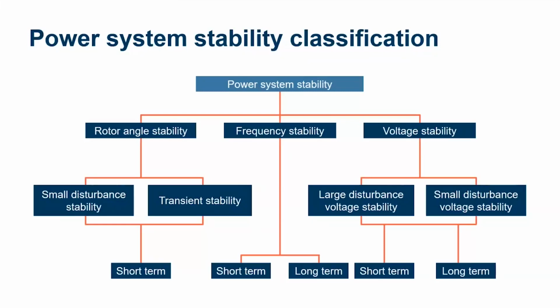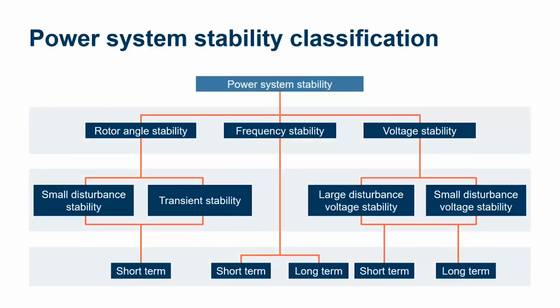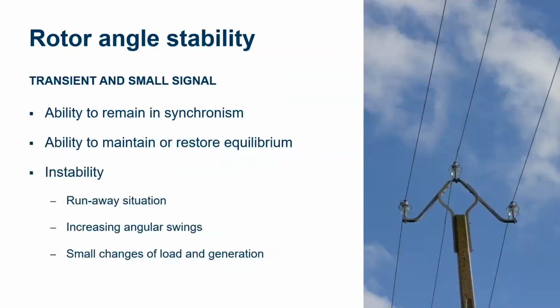They can be further identified as short-term and long-term. Depending on the type of disturbance, they can also be categorized as small signal and transient stability. This classification is based on the nature of instability, size of the disturbance considered, devices, process, and time span involved.